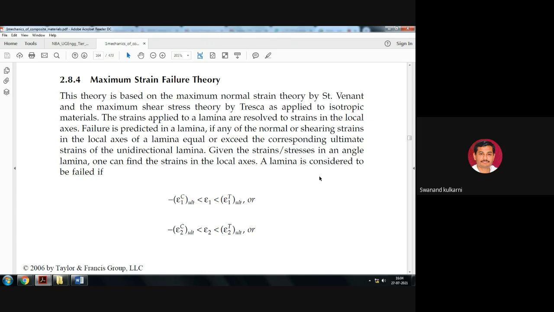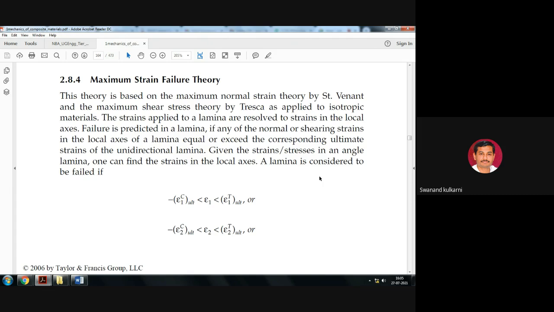So these three things we should understand first. First of all, the maximum normal strain theory, which is given by Saint Venant. And the maximum shear stress theory, which is given by Tresca.